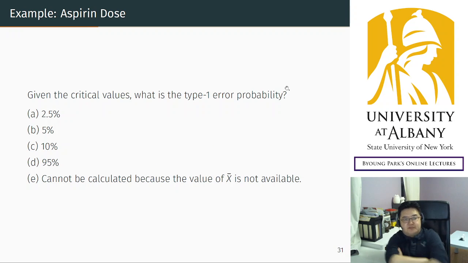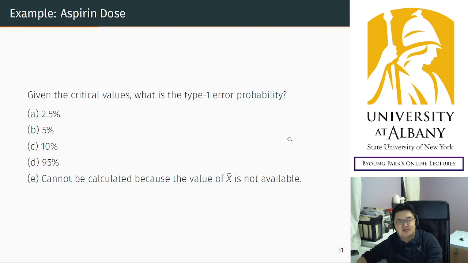And then, given the critical values, what is the type 1 error probability? And there is another option, cannot be calculated because the value of x bar is not available. Choose one, calculate if you need, do the math, and you may use a calculator or Excel.